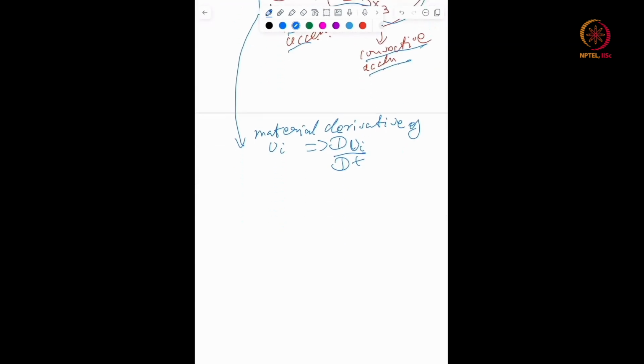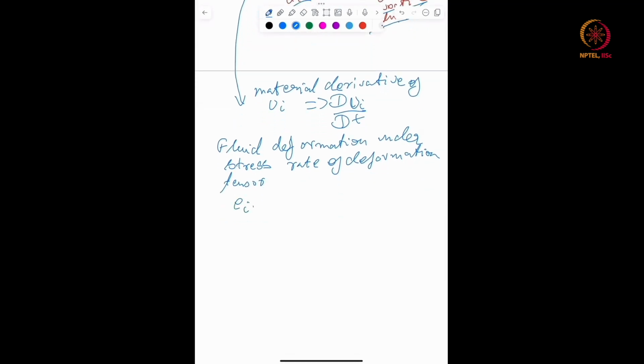Similarly, fluid deformation under stress, for example, is described by the rate of deformation tensor, and that is given as eij equal to half of dui by dxj plus duj by dxi.